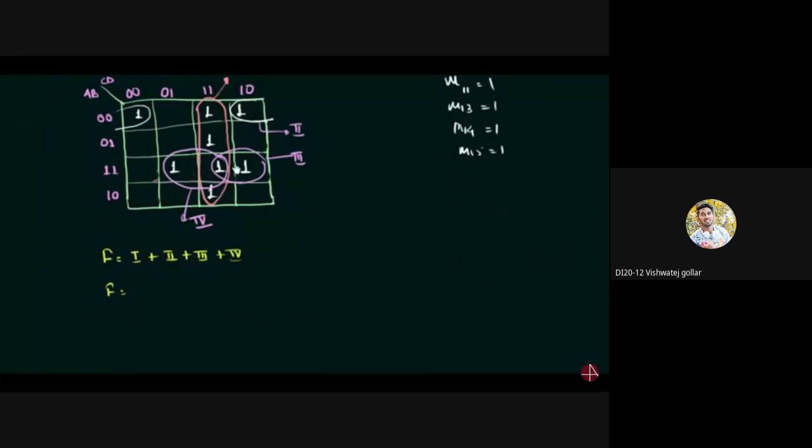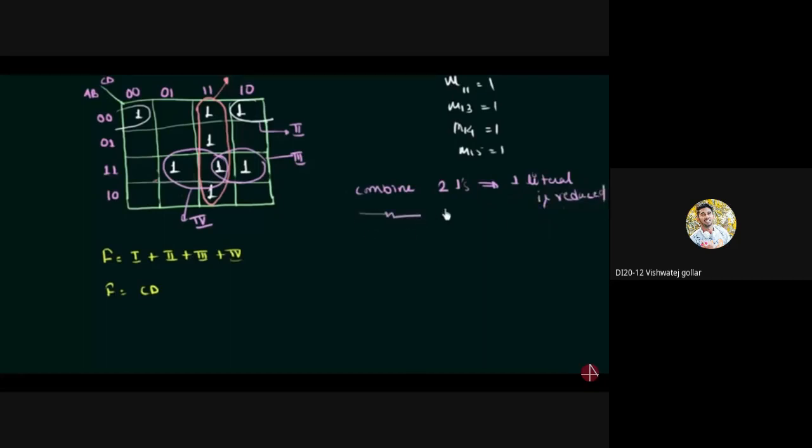Now the first is equal to CD, because CD is not changing in this group, whereas A and B are changing from 0 to 1 and 1 to 0 for these 4 ones. Also remember, when you combine 2 ones, 1 literal is reduced.